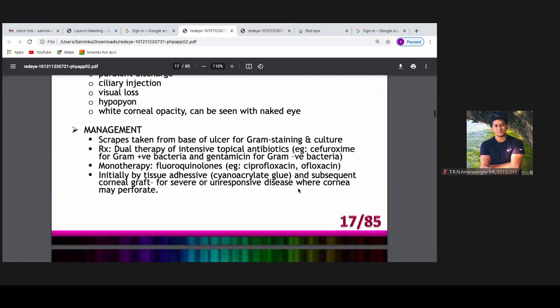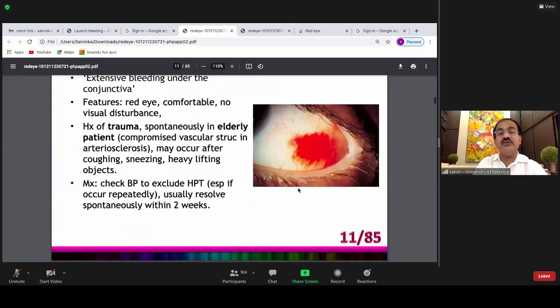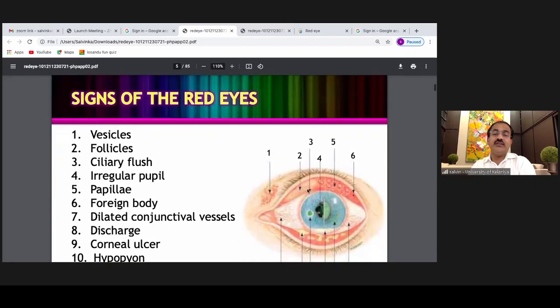So you have got two important areas in the conjunctiva. This area is called palpebral conjunctiva, and this is called bulbar conjunctiva. That is important. That's why when we are discussing the red eye, it is very important to identify which area is more red. Depending on the cause, the redness will be different.